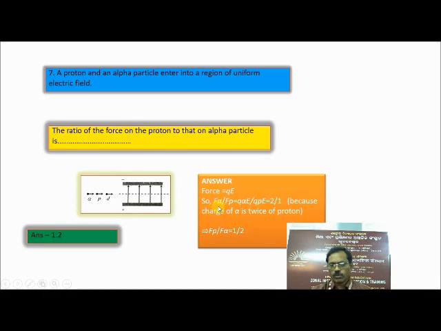Let us take the force on the alpha particle divided by the force on the proton, which is Q of the alpha particle into E, over Q of the proton into E. The electric field will cancel. In the case of the alpha particle, two protons are there, so one proton's charge cancels, and the remaining is 2 by 1, because the charge of the alpha is twice that of the proton. So the force on the proton divided by the force on the alpha particle is equal to 1 by 2. This is a very good explanation for understanding it easily.